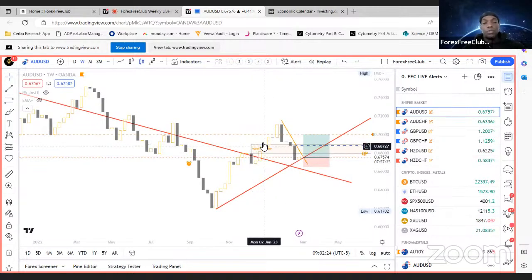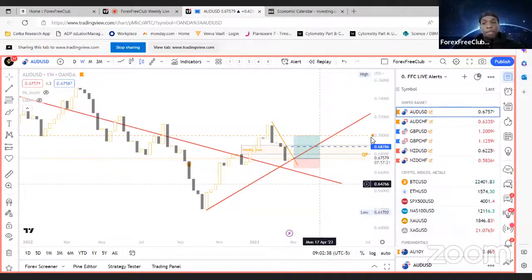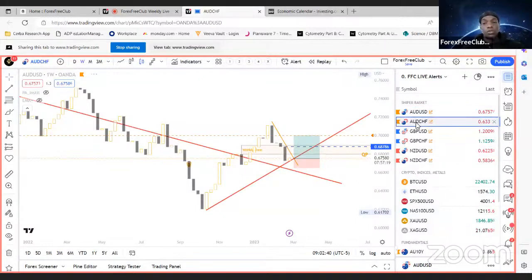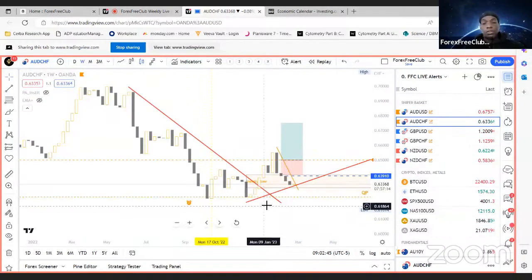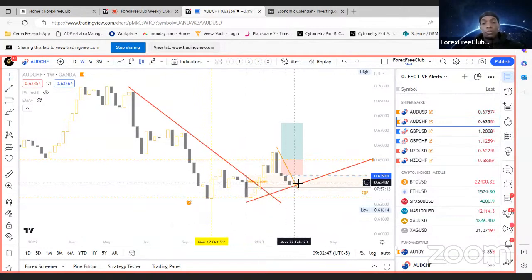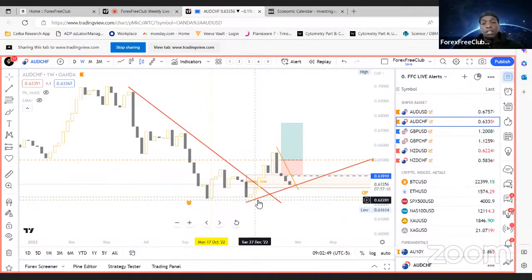So we did break below our weekly zone on AUD/USD. So we're currently in order block demand, and we're looking to see if price will reverse from here. So just to run through the watch list real quick before we get to the fundamentals, I just want to review the technicals. So you can see that our market structure is remaining bullish for now till we break below this low.